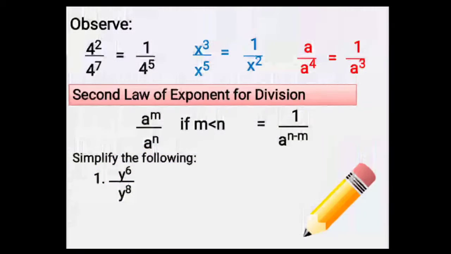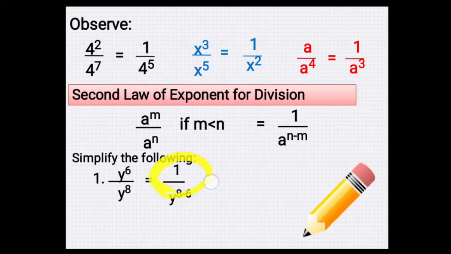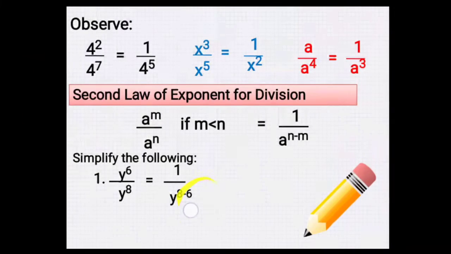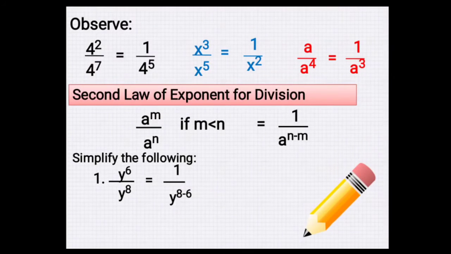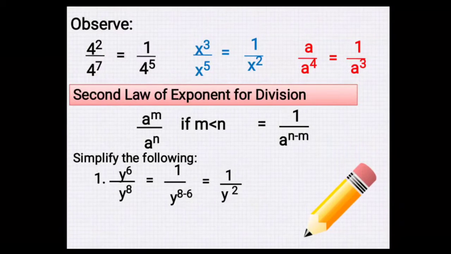In that case, okay, so our answer is in this format, in fraction form, wherein the numerator is 1, then the denominator is, copy the base, then raise to the higher exponent, which is 8, minus the lower exponent, which is 6. So simplify, y raised to the 8 minus 6 power, that is y squared. So our answer is 1 over y squared.